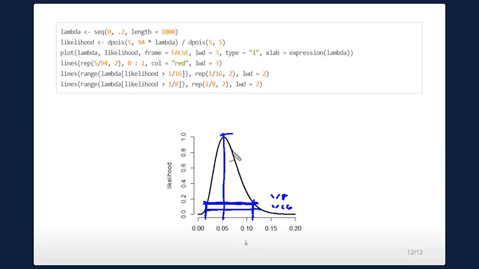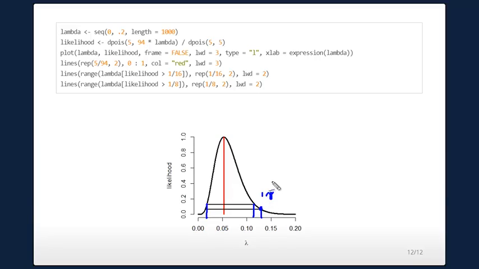But if I take any other point in between the two, its height is a little bit less than the MLE, so it will be slightly less well supported than the MLE, slightly less than 8 times better supported. What's interesting is, remember this is 1/8 right here.